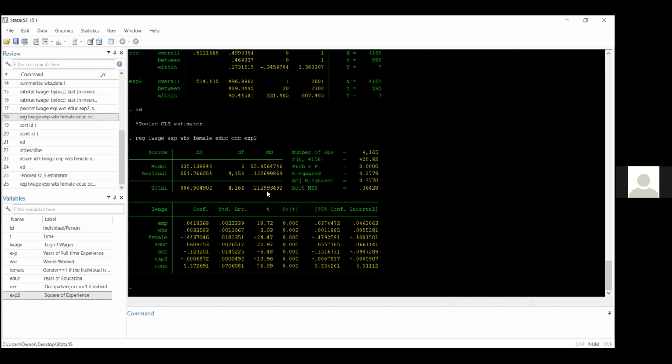That's why this resembles the other estimation I ran, because it is the same assumption. We just ignore the unobserved effects and run an equation.